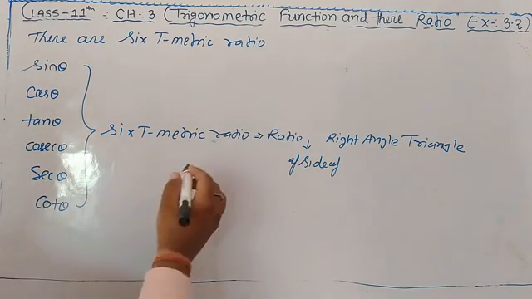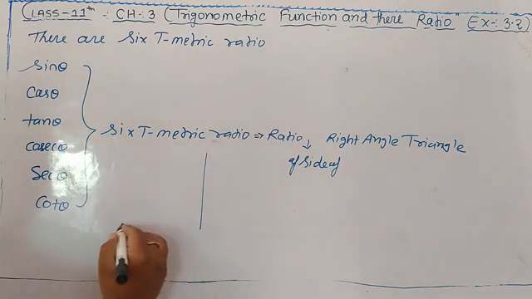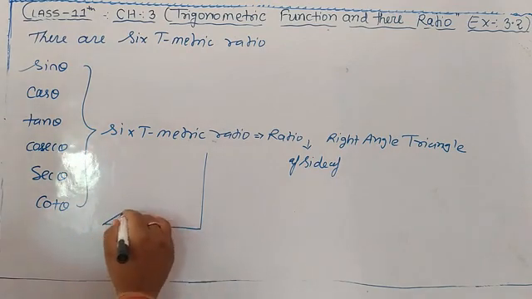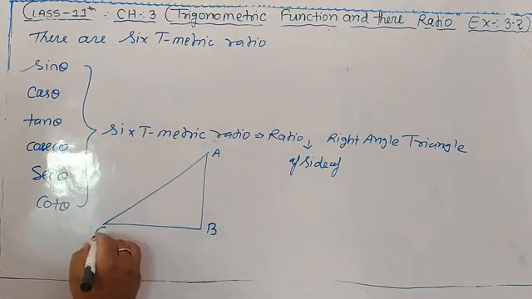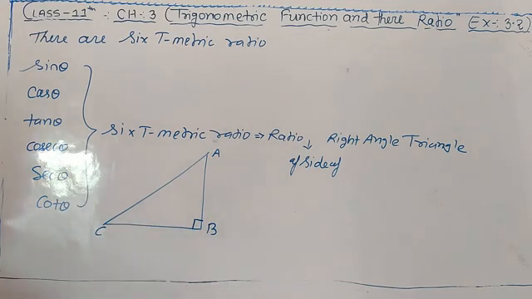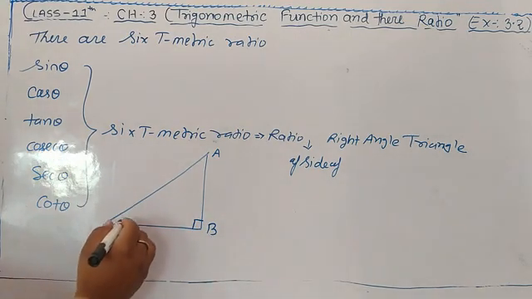Right angle triangle means, suppose we draw a right angle triangle. This is the right angle triangle, A, B and C. One angle is 90 degrees, so it is called a right angle triangle.